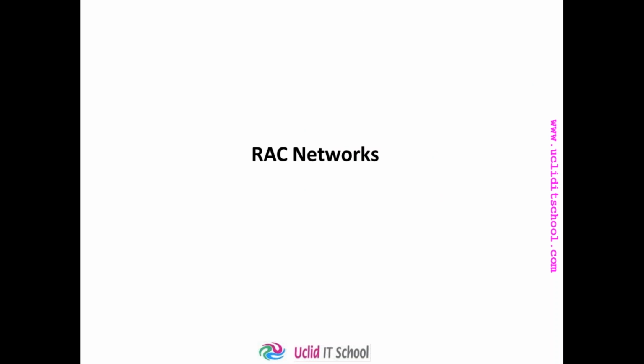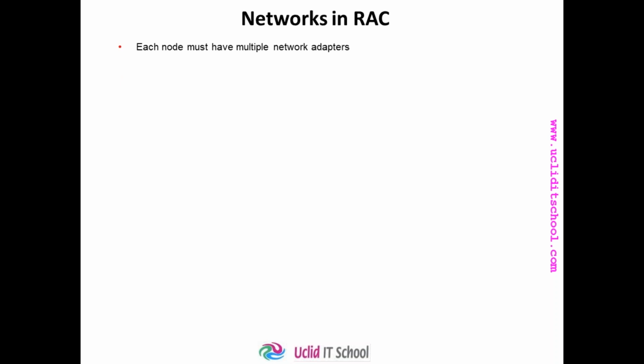So these are the major components of a RAC system, and a few more details about each component. Now, one component which needs special attention in RAC is networks. RAC implements multiple networks. Okay, so that's why it needs special attention. So let us see the networks in RAC. In fact, RAC uses a minimum of two networks.